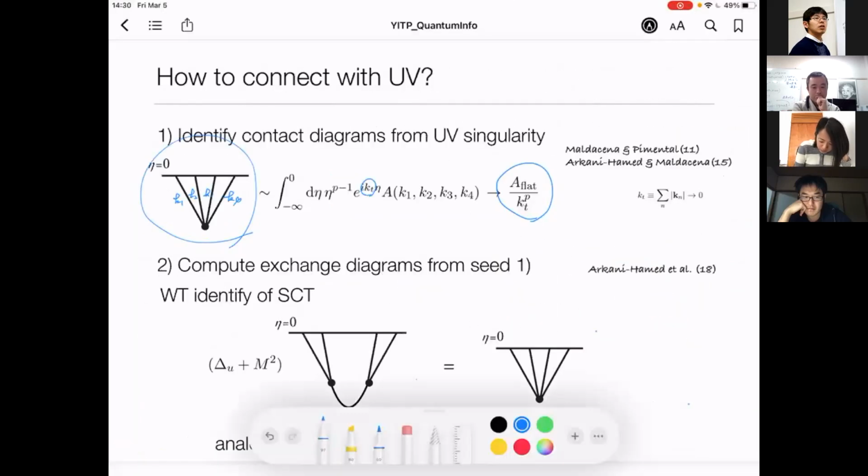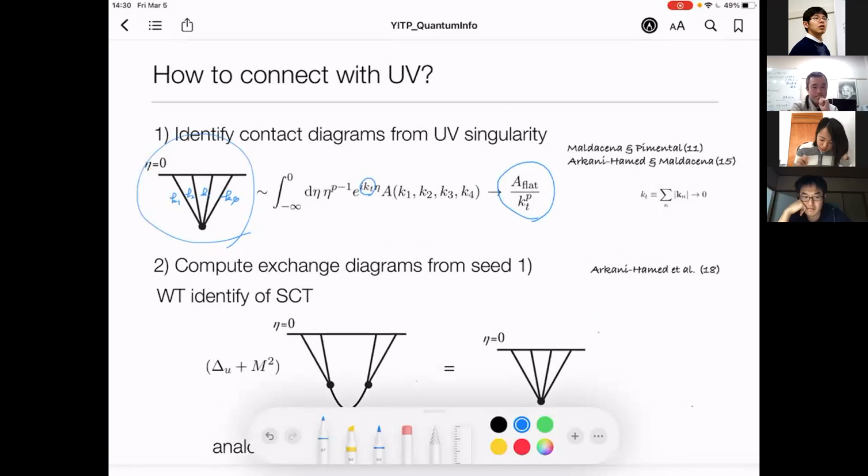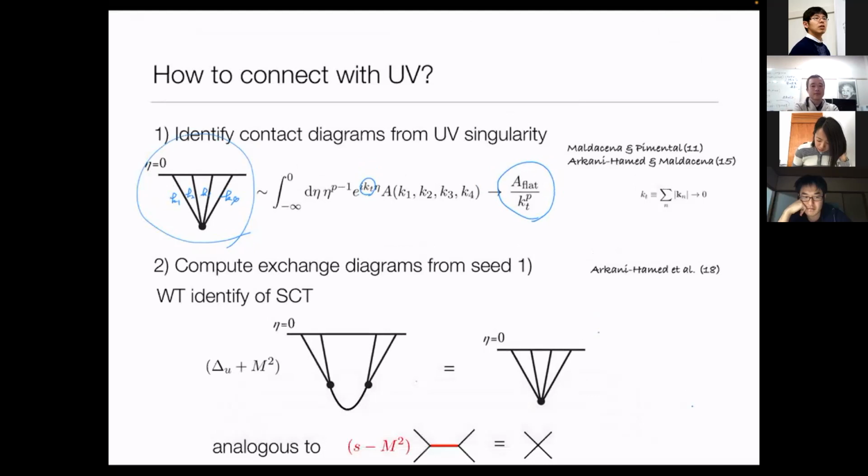So this delta U is some derivative operator, and it operates on this exchange diagram. And that gives you this contact diagram, for which when you send KT to 0, it simply gives an amplitude characterized by the scattering amplitude in flat space. And this is kind of analogous to the situation in flat space. In the case of flat space, by multiplying S minus M squared, which corresponds to the singular structure of the exchanged particles, you can get the contact diagram.